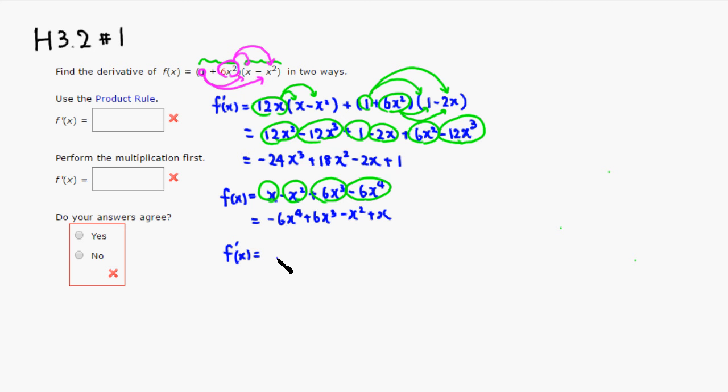The derivative of that is negative 6 times 4, which is negative 24x, and one less power, so it's 3. And 6 times 3 is 18, x with one less power, and a negative 2x, and the derivative of x is 1. We got exactly the same thing. Do your answers agree? The answer is yes.